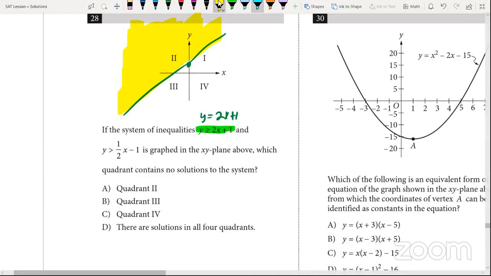Now for the other one, for the blue one, that's similar to the idea of having y equals 1/2 x minus 1. So that would have a negative y-intercept of -1 and a positive slope of 1/2, so up 1/2. So I'm actually going to make it more vertical just so that we see the intersection. But the idea is that we're shading above that.